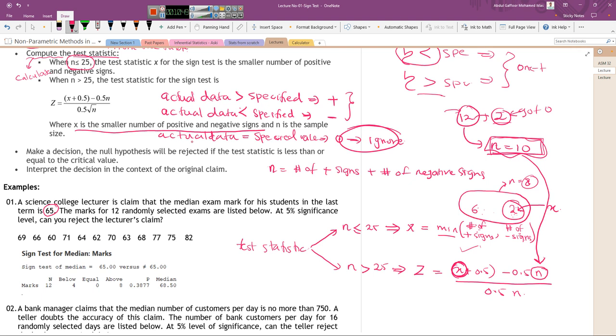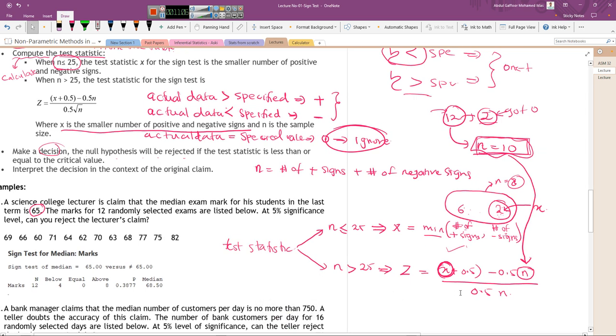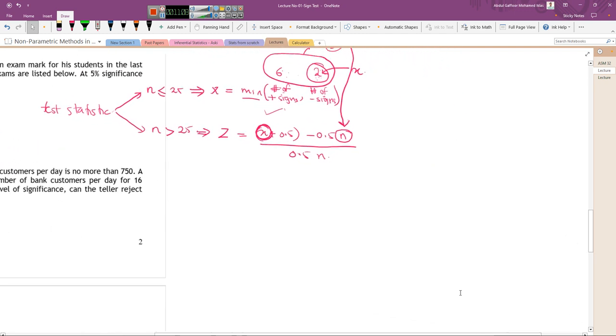Now, after finding the test statistic, we have to conclude. So make a decision. The null hypothesis will be rejected if the test statistic is less than or equal to the critical value. Here there is a contradiction with our parametric methods.